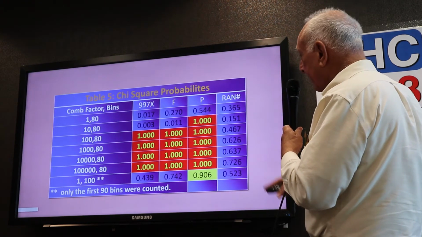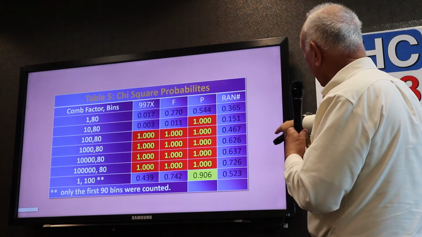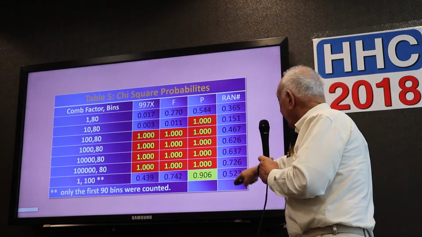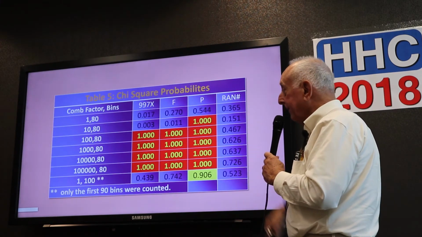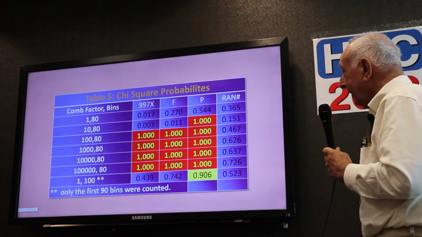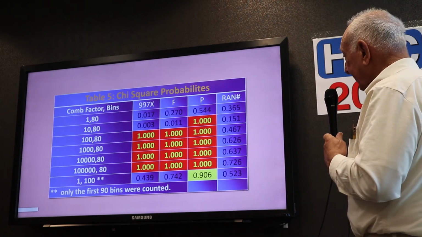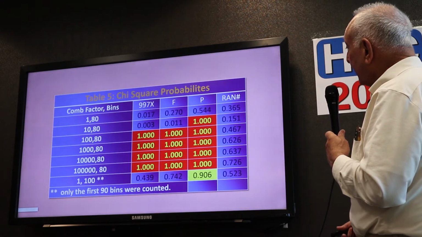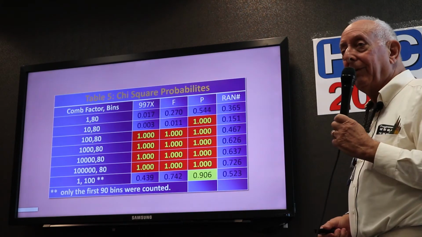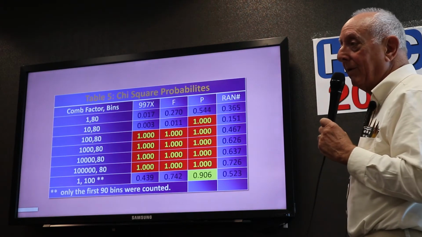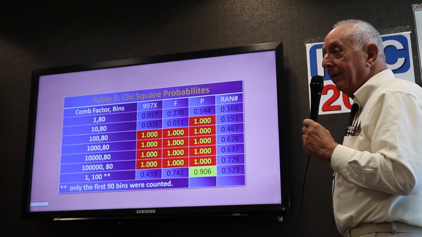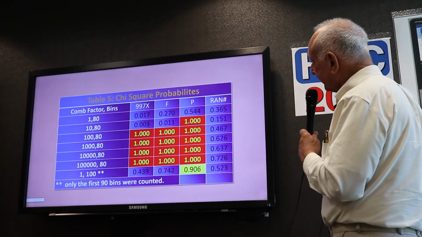They're all total failures, except for the one that's built into the calculator. So that's pretty much the result. If you use 997X, you know you've got two good random numbers, two good random digits.